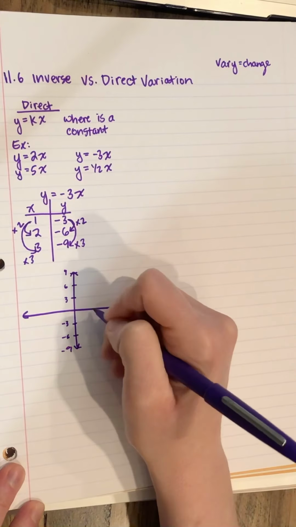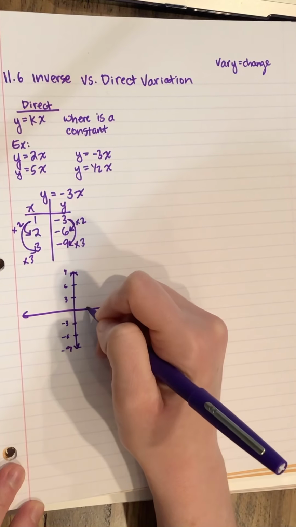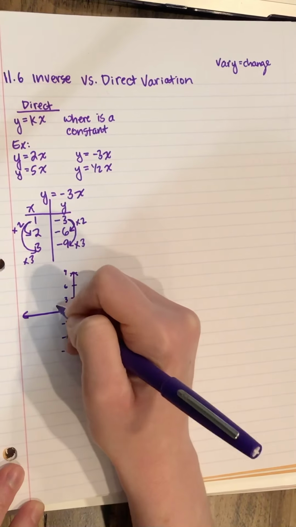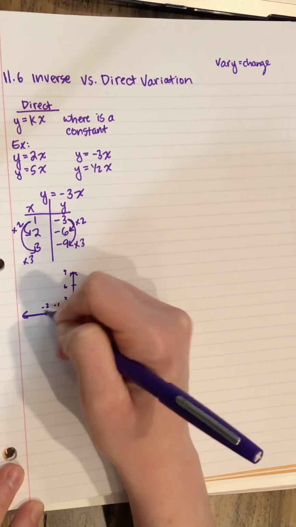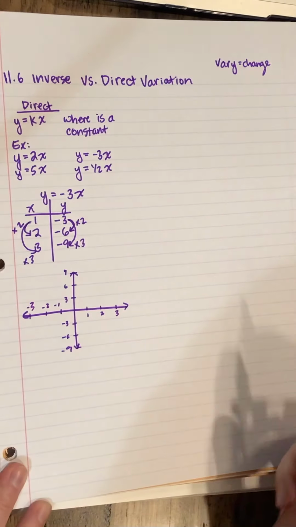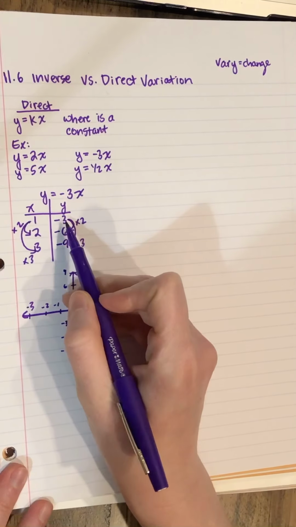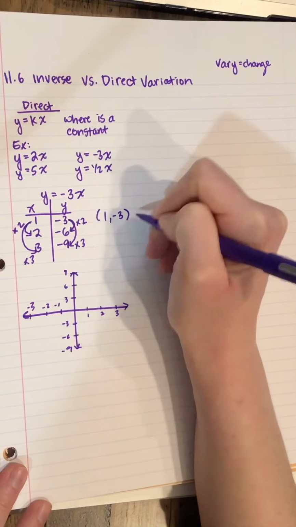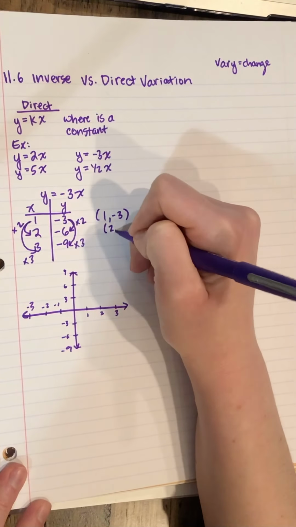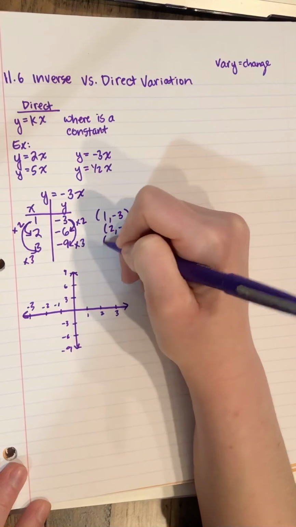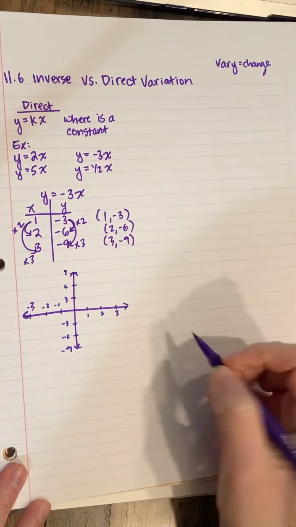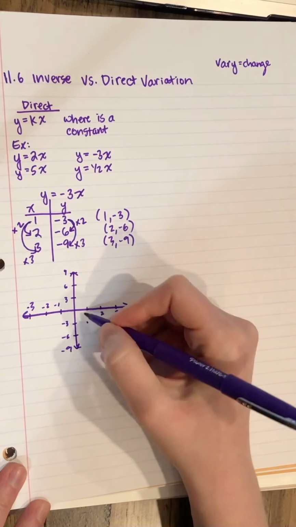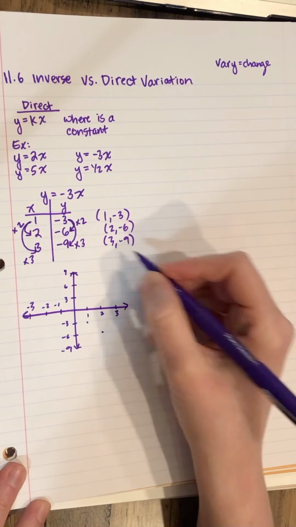And then we'll just scale our x-axis normally: 1, 2, 3, negative 1, negative 2, negative 3. All right, so we have the coordinate 1, negative 3. We'll rewrite it over here to look a little nicer: 1, negative 3, 2, negative 6, and 3, negative 9. If you were to graph those, 1, negative 3 is right here, 2, negative 6 is here, 3, negative 9 is here.